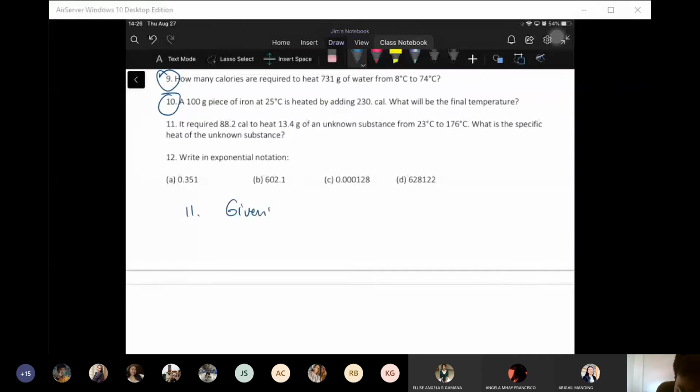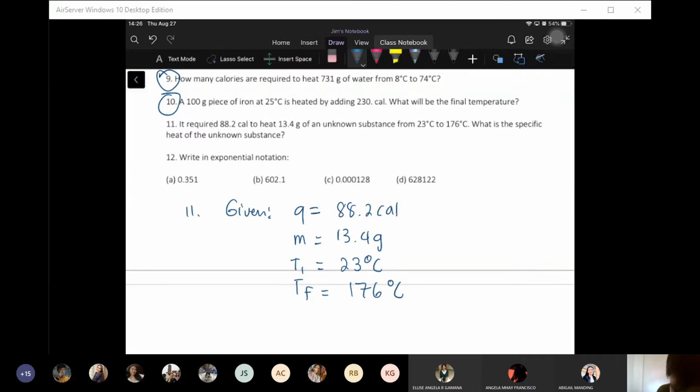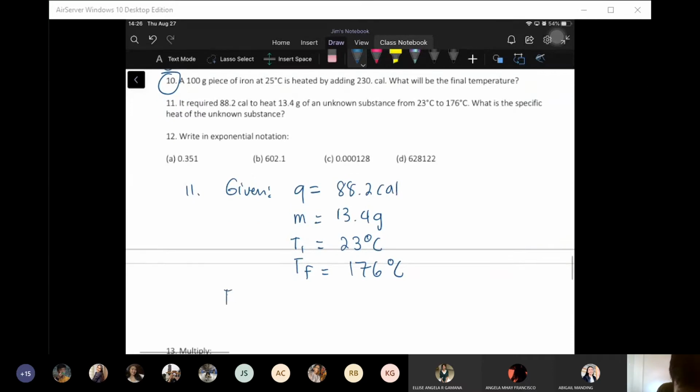Given: Q is 88.2 calories. Mass 13.4 grams. Initial temperature 23 degrees Celsius. Final temperature 176 degrees Celsius. Find specific heat. Find C.